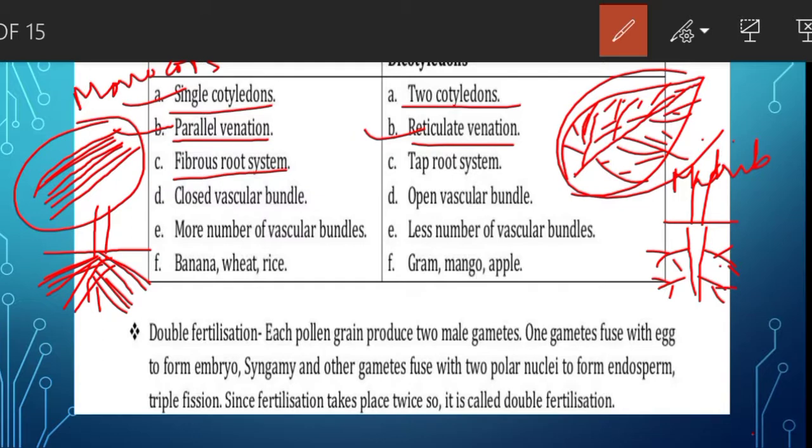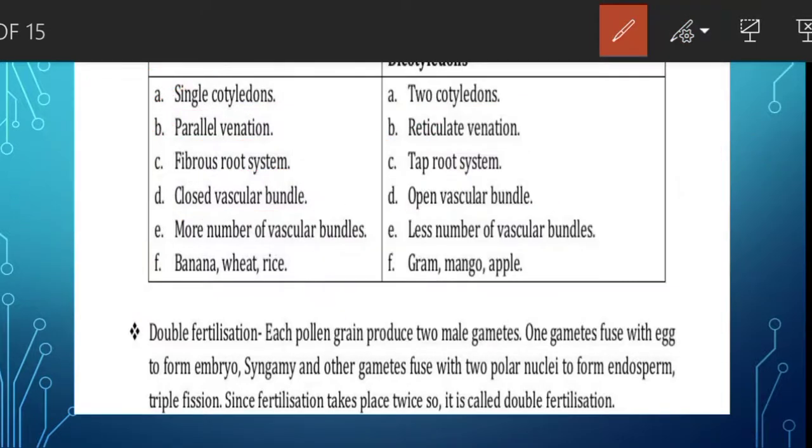Clear? Then monocots have closed vascular bundle and dicots have open vascular bundle. Now closed vascular bundle means the xylem and phloem are arranged in the vascular bundles.